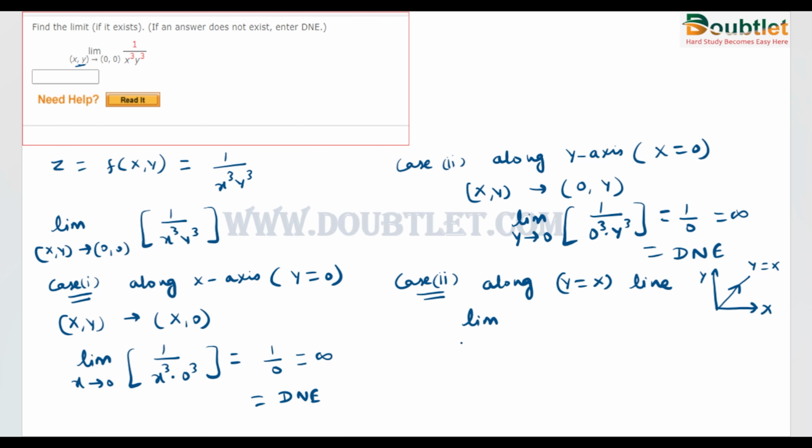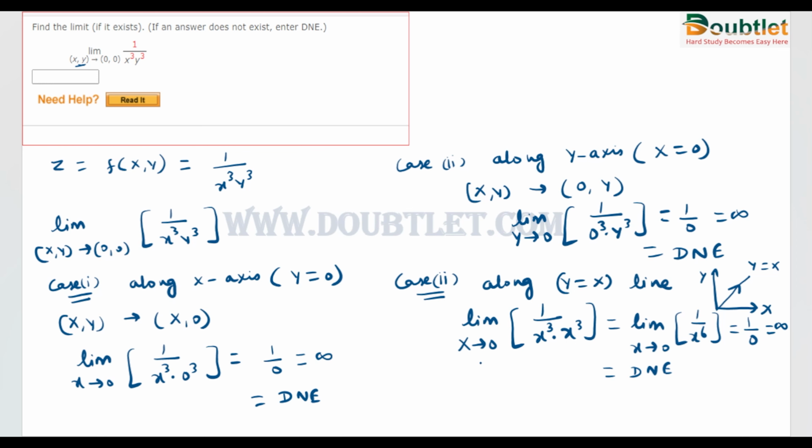We can take any variable here, so suppose we take x. Now we can write y as x, so it will become x cube into x cube. So it will become limit x tending to 0 of 1 divided by x to the power 6, and again it will become 1 by 0, infinite. So along the line y is equal to x the limit also does not exist.